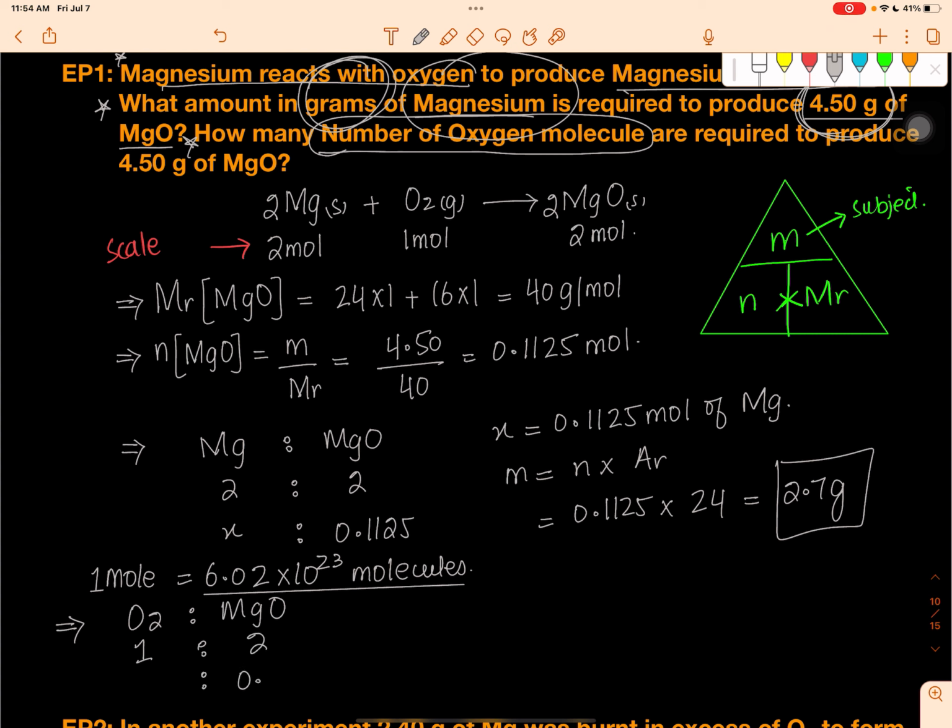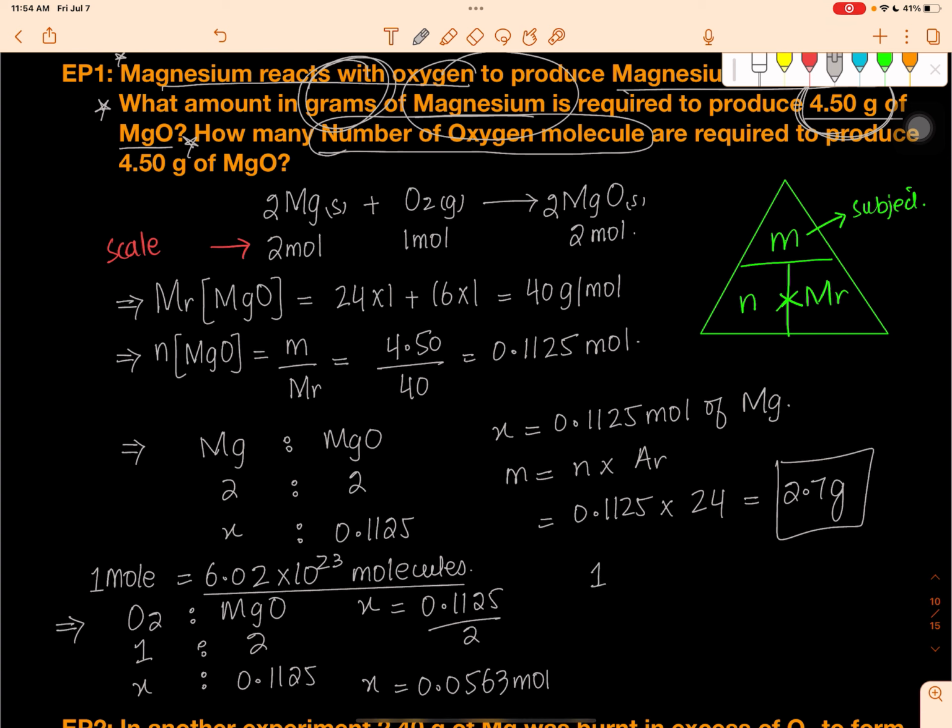So 0.1125 will produce X. So X is equal to 0.1125 divided by 2. What do we get? X is equal to 0.0563 moles. These are the moles of oxygen.